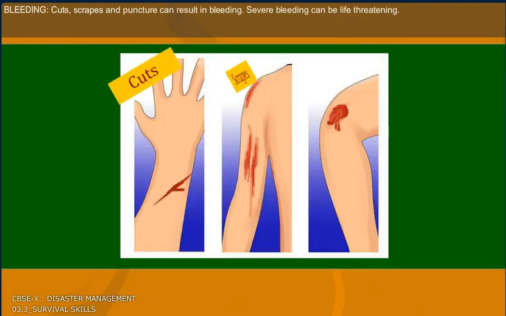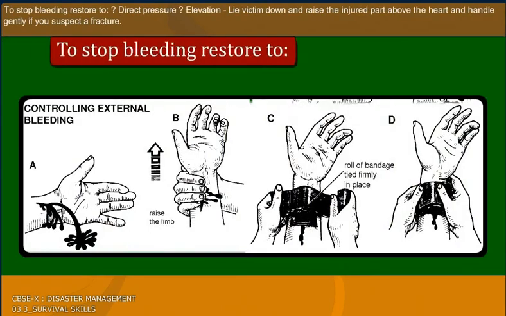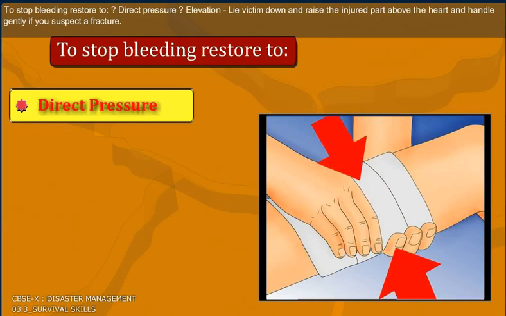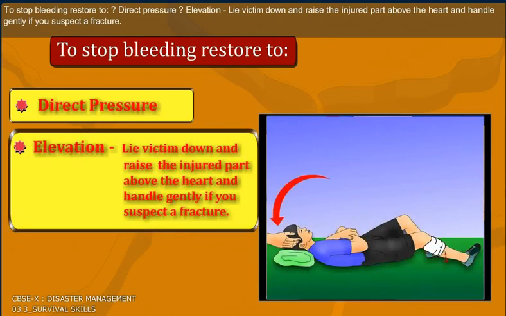Bleeding. Cuts, scrapes, and punctures can result in bleeding. Severe bleeding can be life-threatening. To stop bleeding, resort to direct pressure and elevation. Lie the victim down and raise the injured part above the heart, and handle gently if you suspect a fracture.